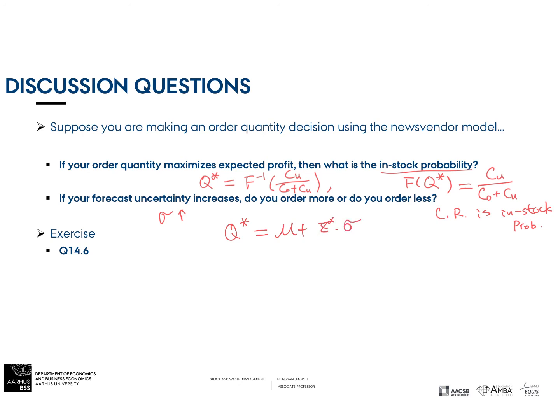The zeta value will be based on the standard normal distribution. So this critical ratio will not change. That means your zeta value will be the same. So if sigma increases, that means your Q star or the quantity will also increase. And you can also apply this to other situations, for example, in-stock probability or others.